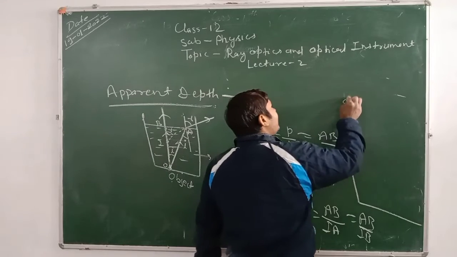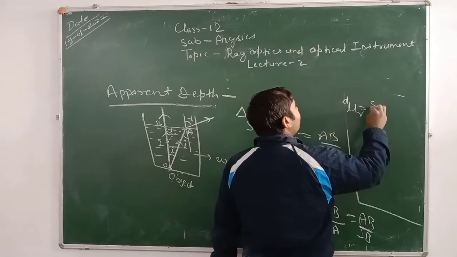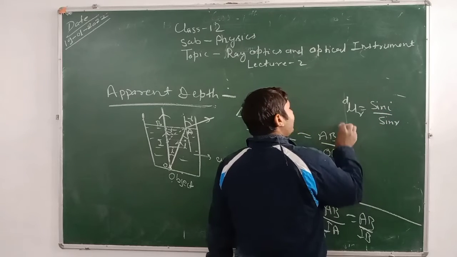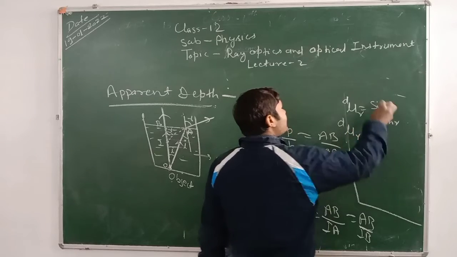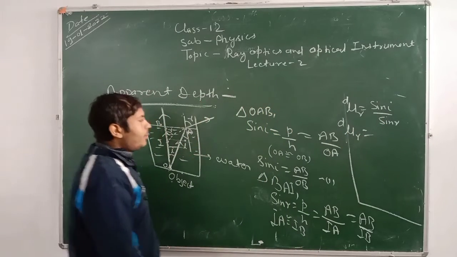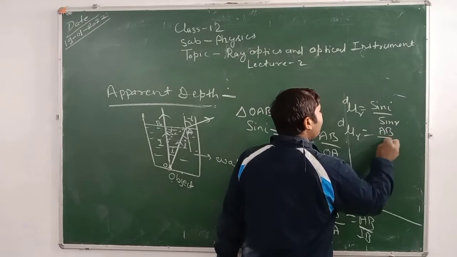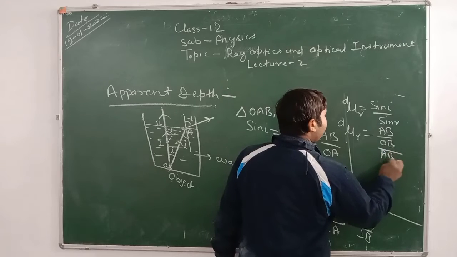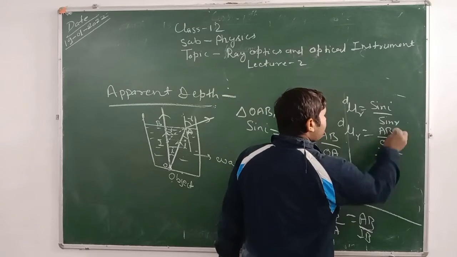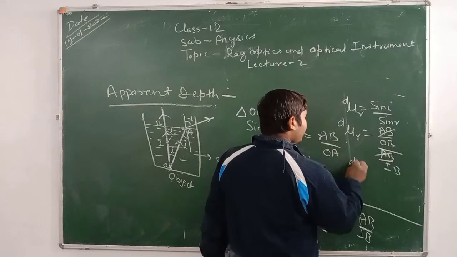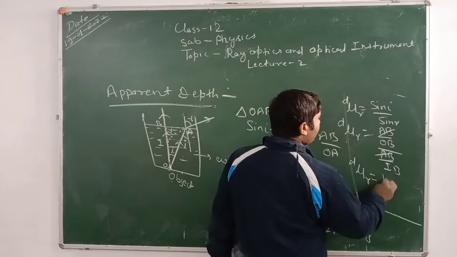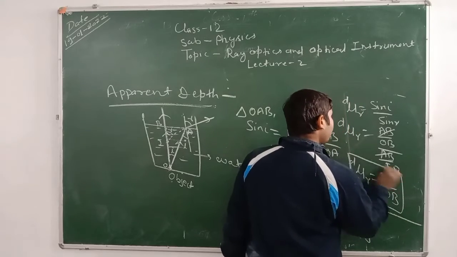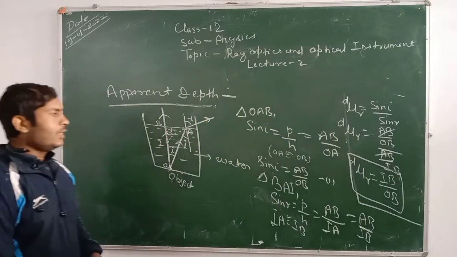So I am writing here D and here R. It will be equal to sin I upon sin R. Put the value of sin I. So it will be D mu R. Put the value of sin R. Sin I will be equal to AB upon OB, and this will be equal to AB upon IB. AB will be cancelled out. So D mu R will be equal to IB upon OB. IB upon OB. Is it clear?